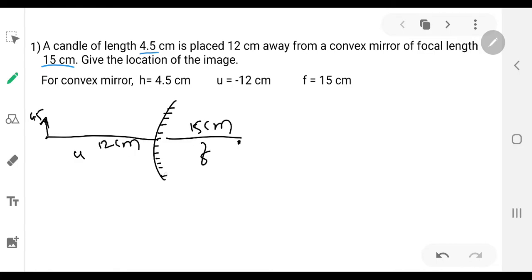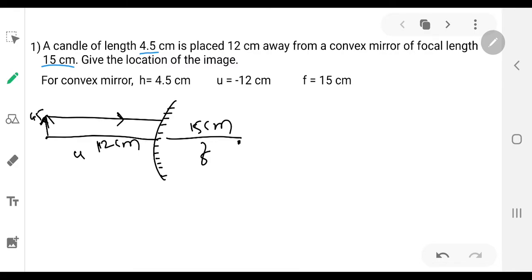So looking at the diagram, give the sign convention. The light from the object falls on the mirror. So this is the direction of the incident ray. H is 4.5, as it is above the principal axis, it is positive. H is equal to plus 4.5. U, object distance. The object is placed at a distance of 12 centimeter.